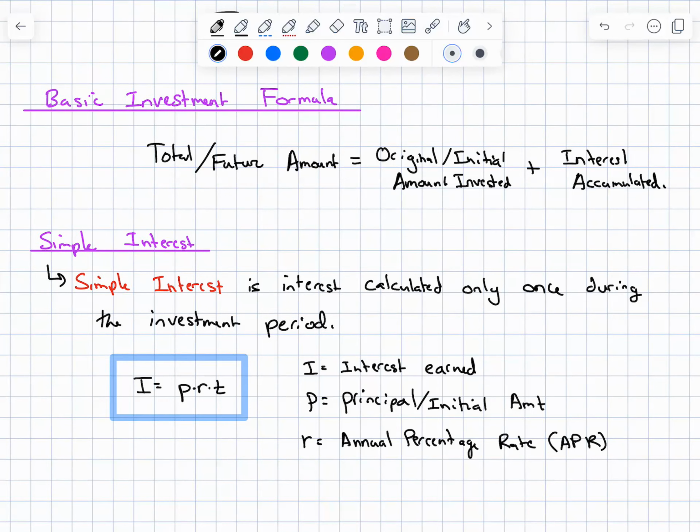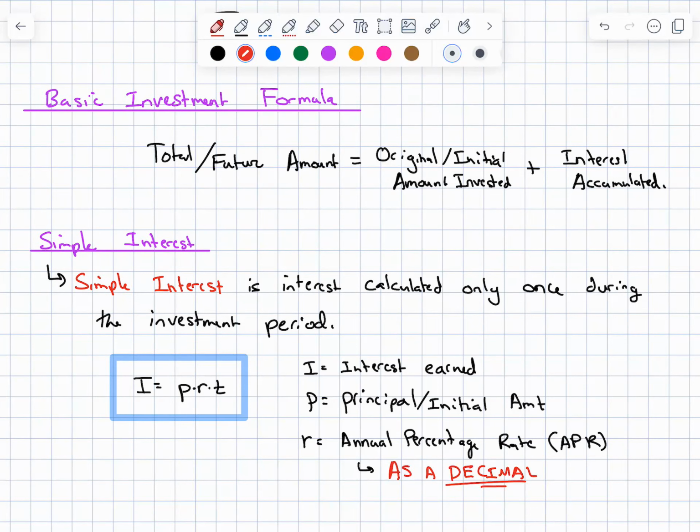And as an important note, you want your APR as a decimal. So if it's 2%, you want to use 0.02.